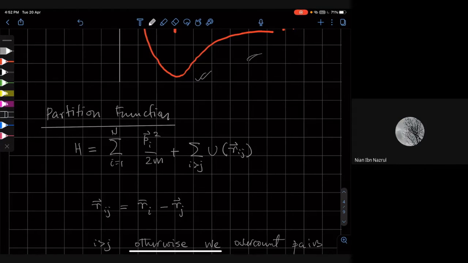If you were to think of a gas molecule by itself, then even if you're looking at non-interacting, like the ideal gas law, the thing is there are still interactions, it's just that somehow the interactions are not dominating.